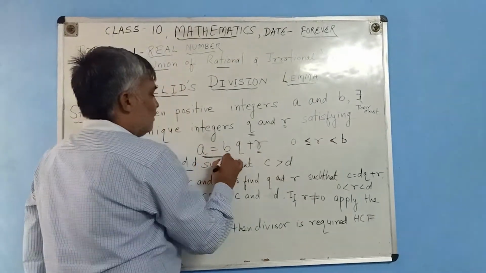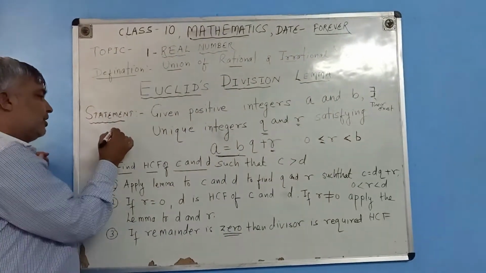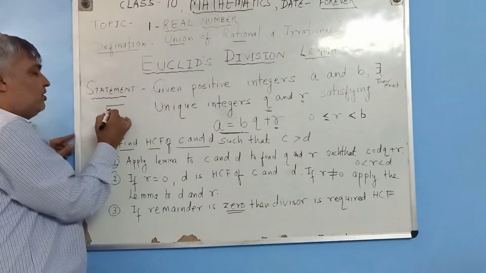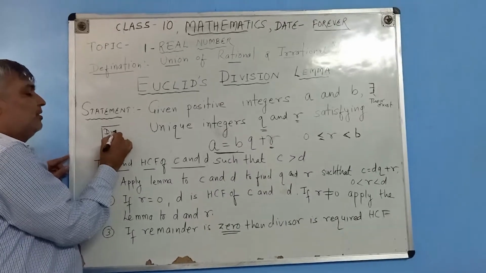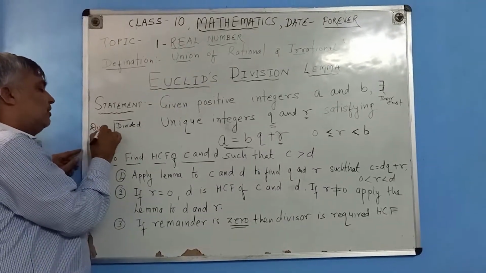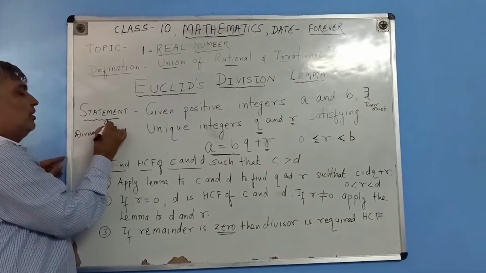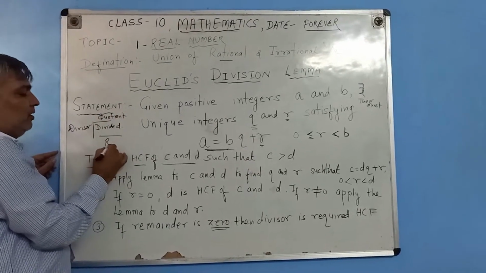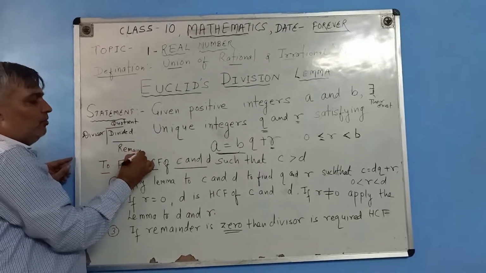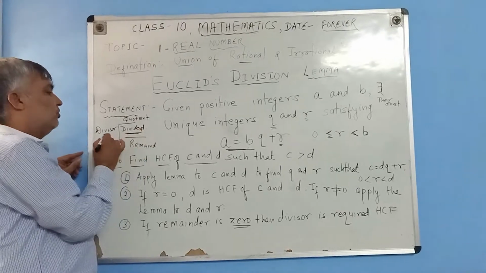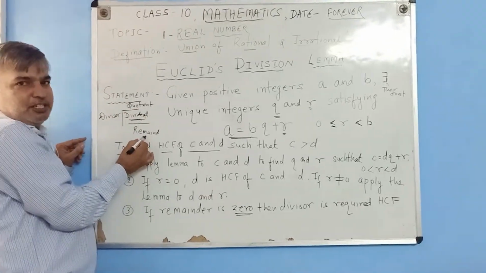This is similar to our 7th class concept. Dividend is equal to divisor, quotient, remainder. This is our well known result: dividend is equal to divisor into quotient plus remainder.